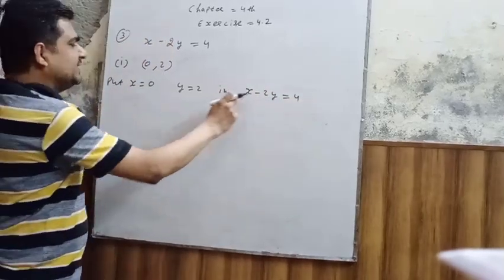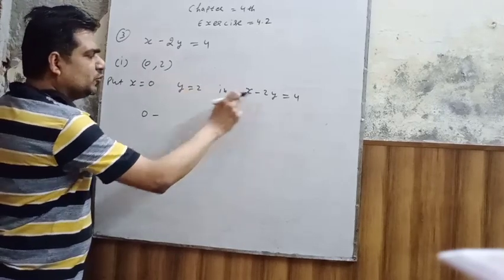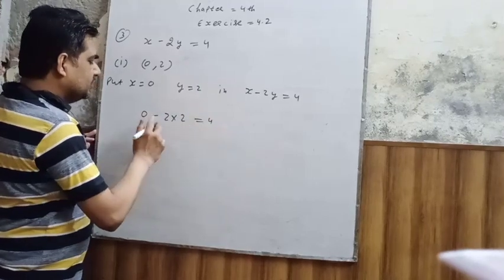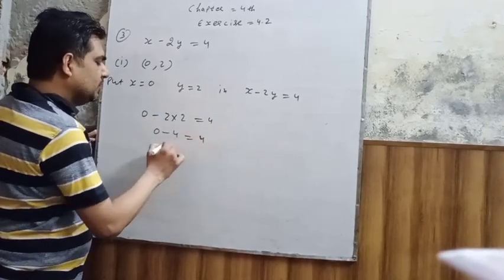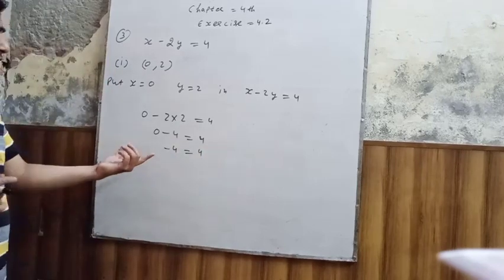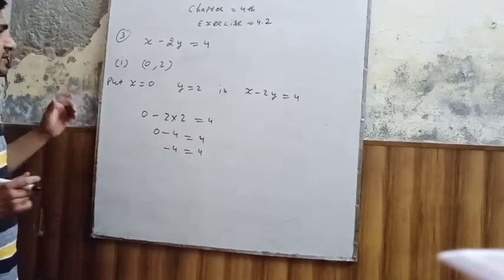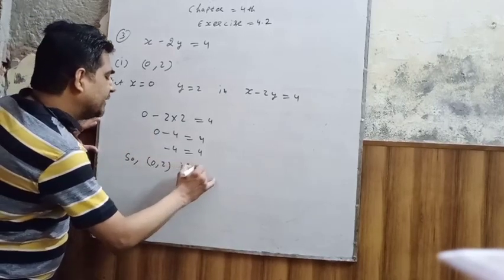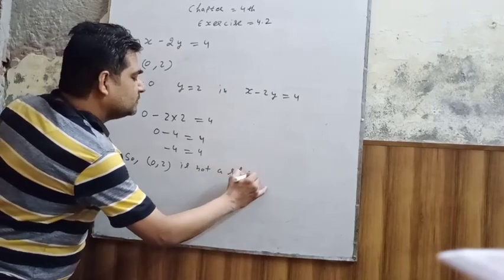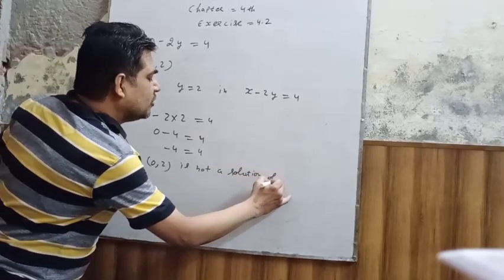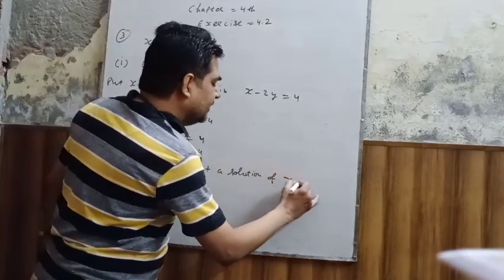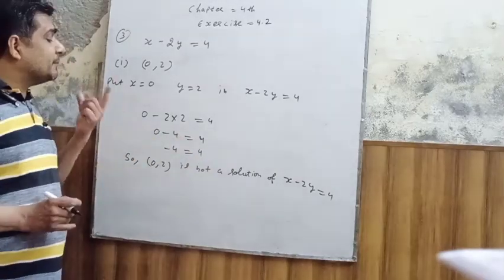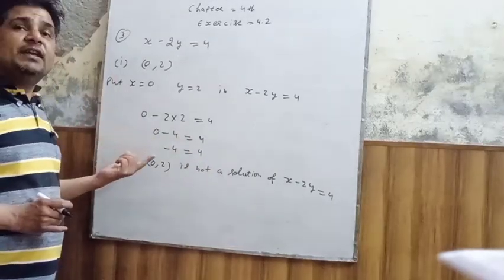Instead of x we write 0, minus 2, instead of y we write 2, equal to 4. 0 minus 4 equal to 4, minus 4 equal to 4. Both of them are not equal, so the answer is no. So 0, 2 is not a solution of x minus 2y is equal to 4. If both sides are equal, then this is a solution. If both sides are not equal, then it is not a solution.